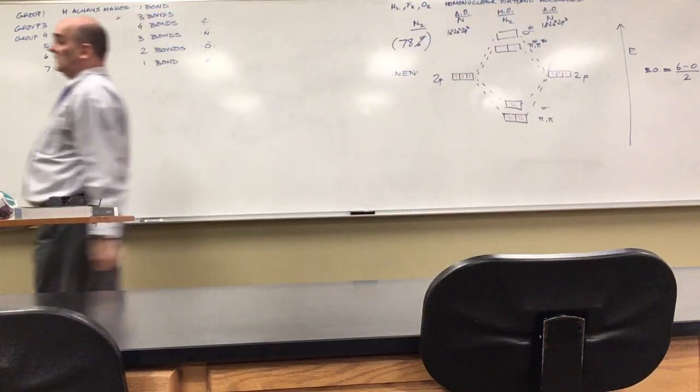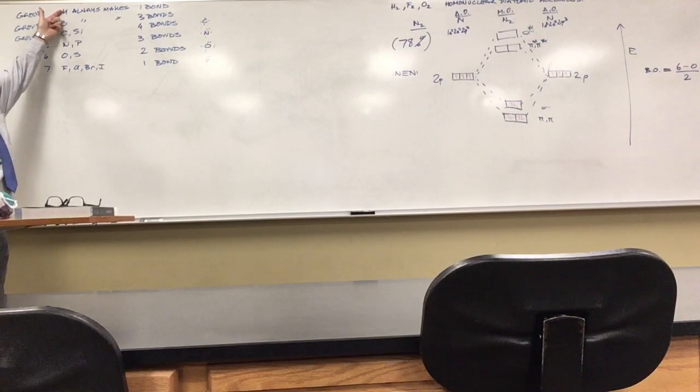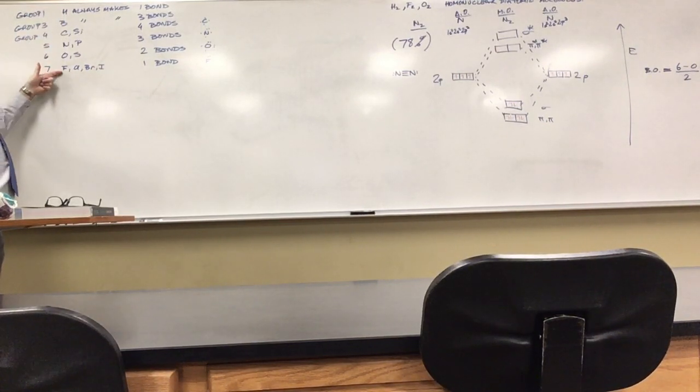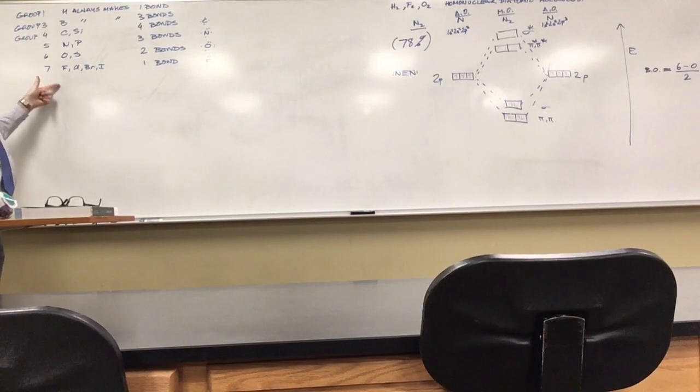So we saw H make a homonuclear diatomic molecule, H2. And we saw F make a homonuclear diatomic molecule, F2. What if I take this atom that only wants to make 1 bond, and that atom that only wants to make 1 bond, and I put them together?